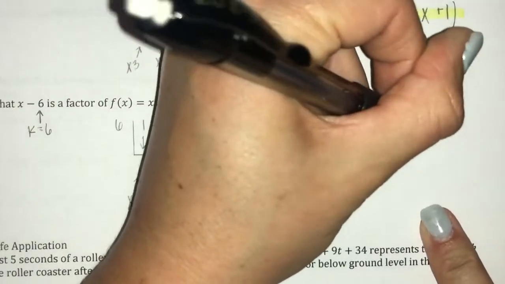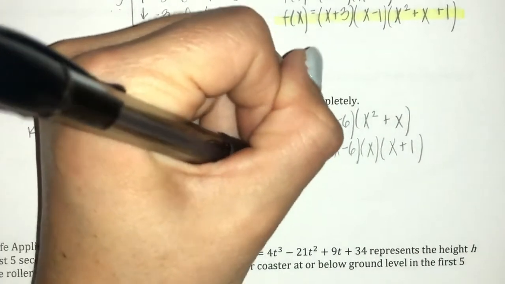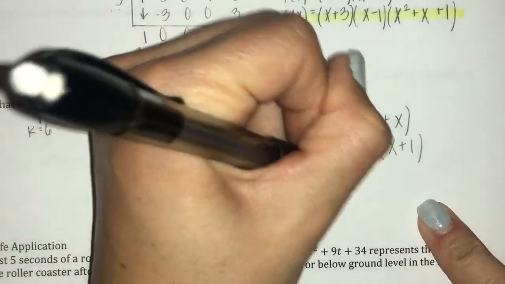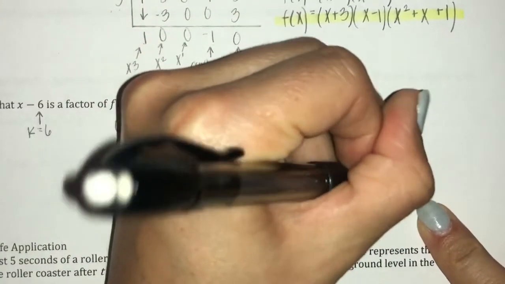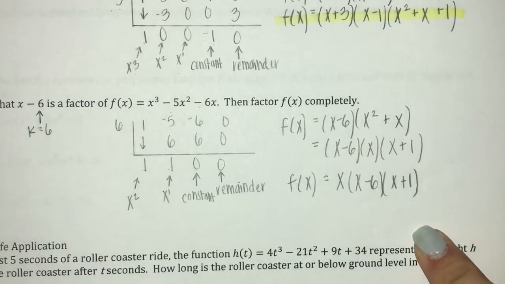So it turns into x plus 1. And then I would just rewrite it with the x first. So f of x equals, we'll move this lone x to the front, x times x minus 6 times x plus 1.